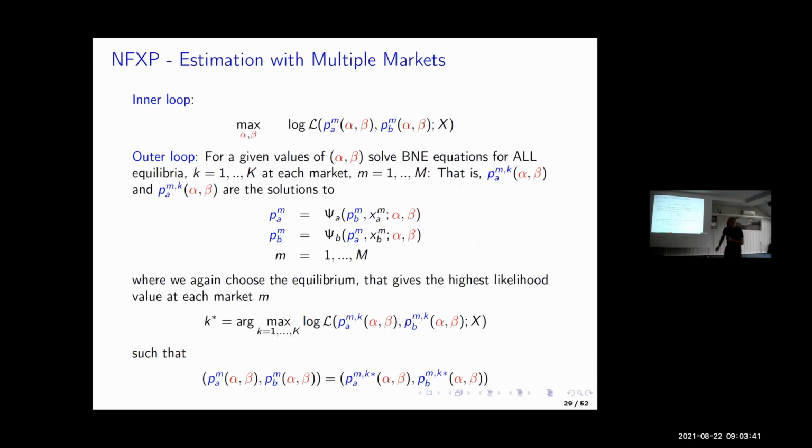So how do you estimate that model with multiple markets? Well, you do the same thing with maximum likelihood as before, maximize the likelihood function. Now there's a response or an equilibrium that's specific to each market, so we mark them with subscript m, the P_m's. You maximize that over the structural parameters.